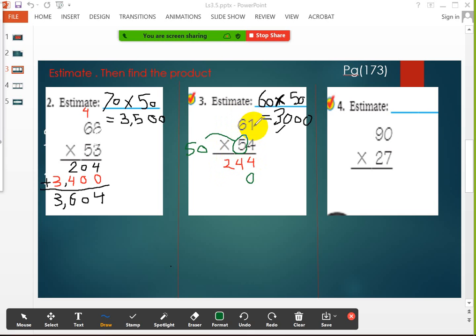So 5 multiply 1 equals 5. I will write 5 here. 5 multiply 6 equals 30. Thank you very much. So there is no thousand number, so I have to put the 30 right here. Okay? So this is answer number 2.